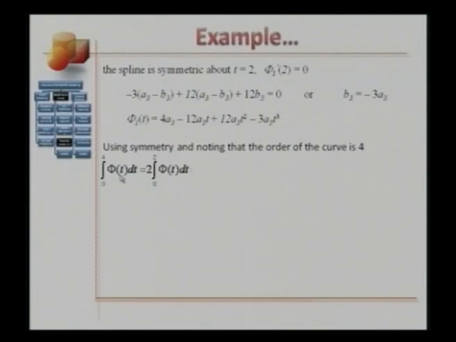Now, since the spline is symmetric, I can write this equation as 2 times integral 0 to 2 of phi(t) dt, which is equal to 2 times integral 0 to 1 of phi 0 t dt plus 2 times integral 1 to 2 of phi 1 t dt.